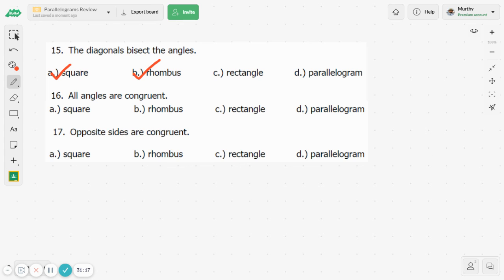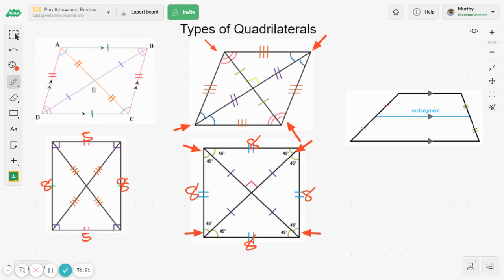Next, coming to all angles are congruent. So let's go back to the previous page. All angles are equal means, I know that in a parallelogram the consecutive angles are not equal. Therefore, I can drop this. And in a rhombus, the consecutive angles are not equal. And here I know it is 90.